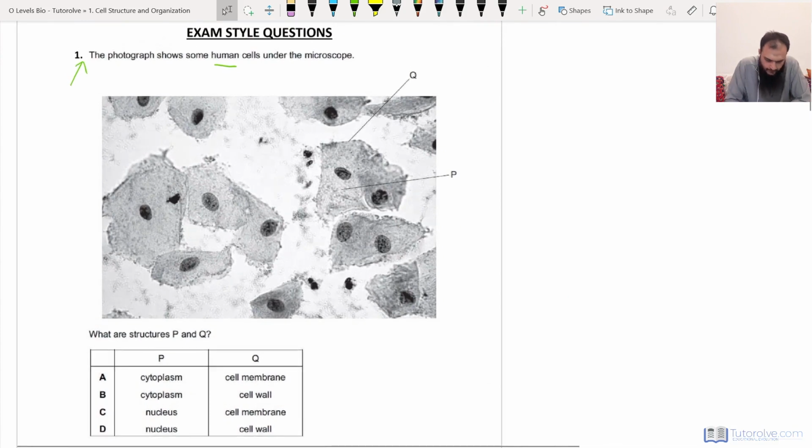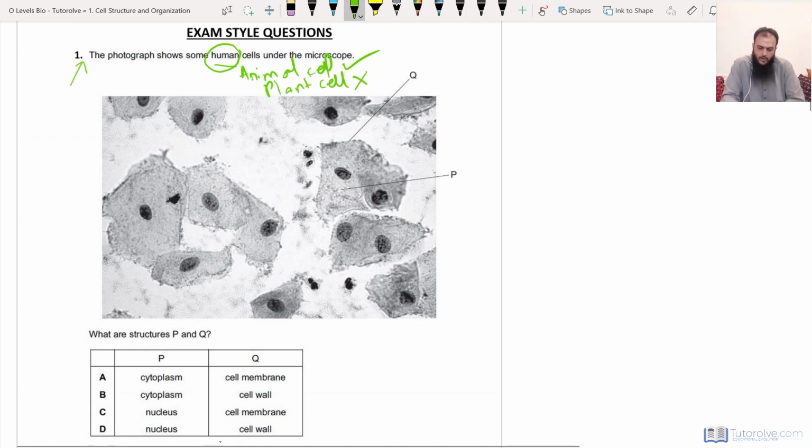Whenever we are talking about exam style questions, remember it is very important to read the question carefully. The photograph shows some human cells, which means it's an animal cell, and it's not a plant cell.